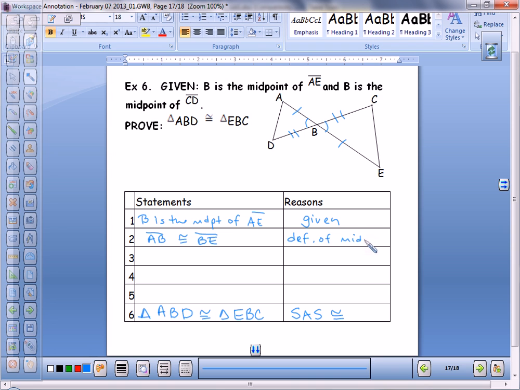Okay? And that's all I can get out of that. Now let's go to my next given. B is the midpoint of CD. It was given. What does that tell me? That BD is congruent to BC. Definition of midpoint.